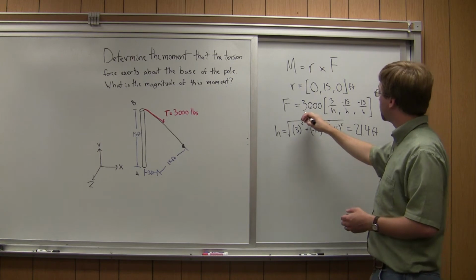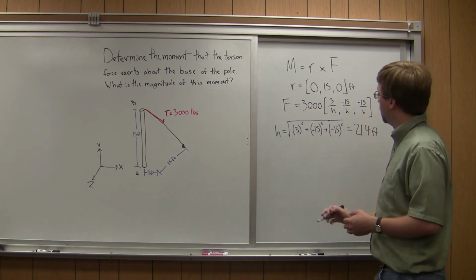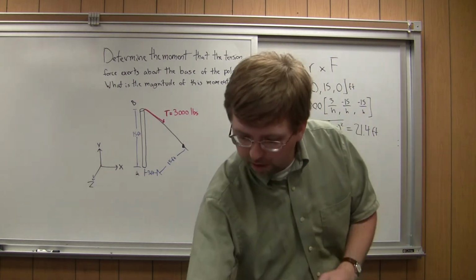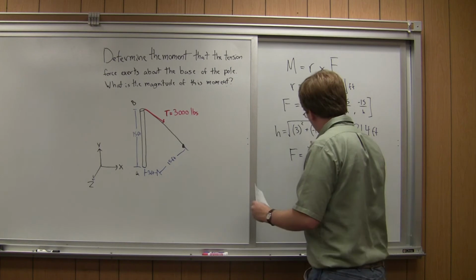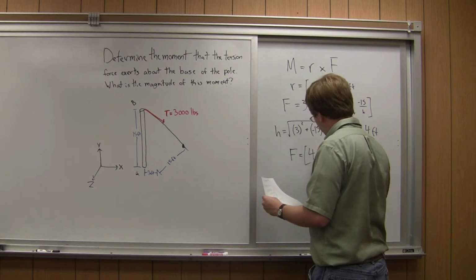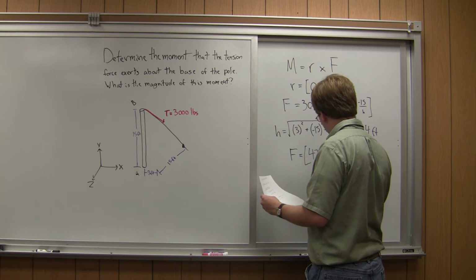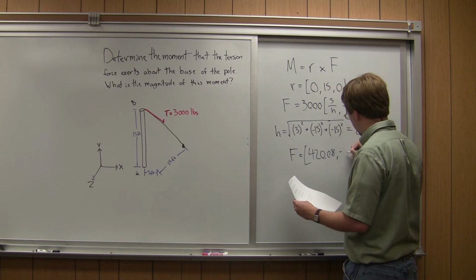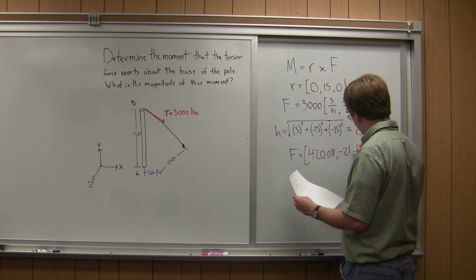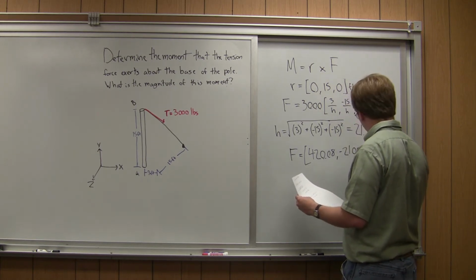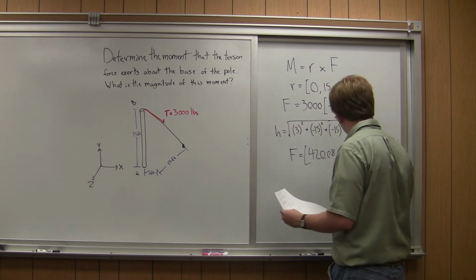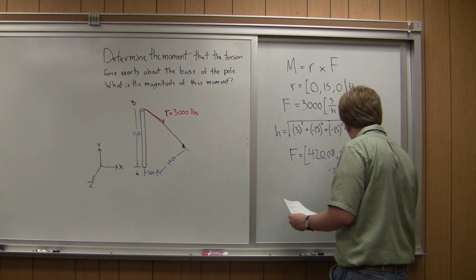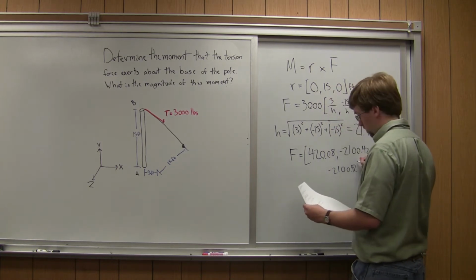So with that, if I multiply 3,000 by each of these components, I'll find my force vector, which is going to be roughly equal to 420.08 in the x direction, negative 2100.42 in the y direction, and negative 2100.42 in the z direction.